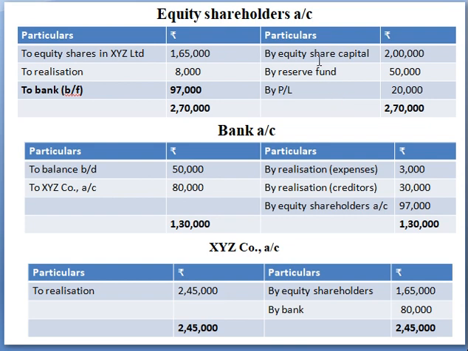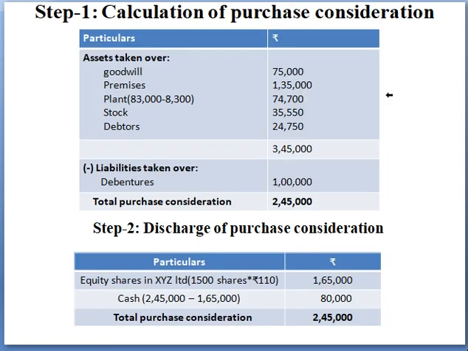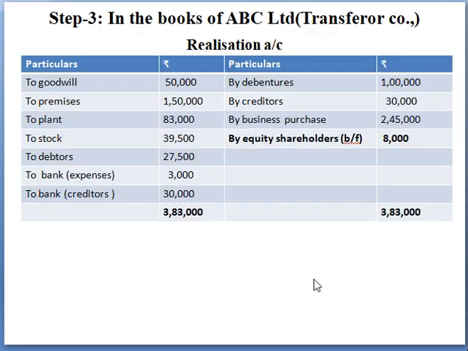Now see here, so equity capital 2 lakhs, by reserve fund 50,000, to profit and loss account 20,000. All these are given by the equity shareholders, and what they receive for that, they receive new equity shares, right? So how much they received as new equity, which is 1,65,000.